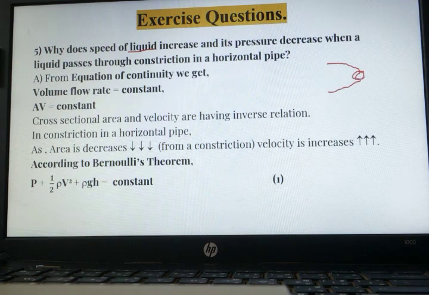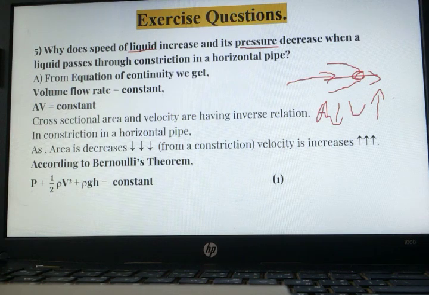Whenever the liquid moves inside this pipe and passes through this constriction, what will happen? Velocity will increase. Why is it increasing? Because area is very less. As velocity or speed increases, pressure will decrease. We will try to understand this concept now.